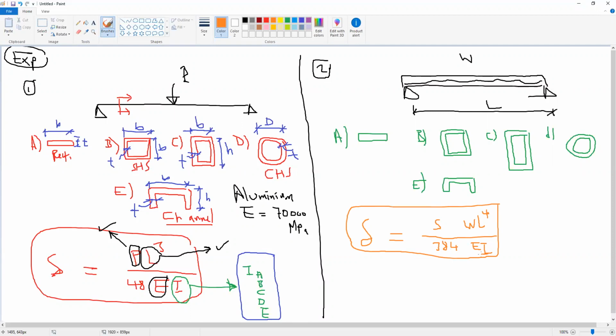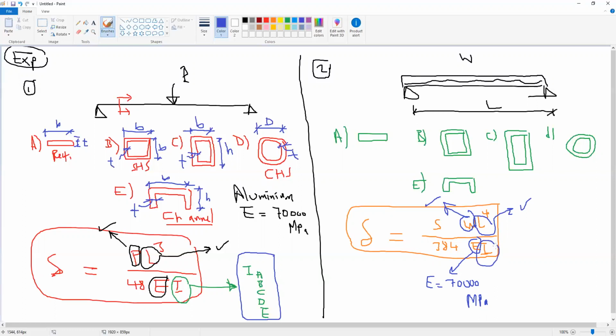And again, for this case, W is not a variable or not changing. L also is not changing because they all have the same lengths. E also is not changing because all are from aluminium. So E equal to 70,000 MPa.